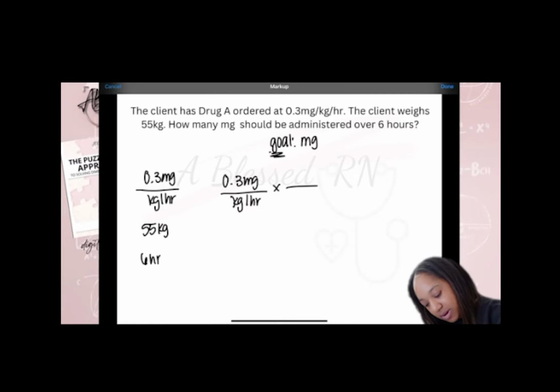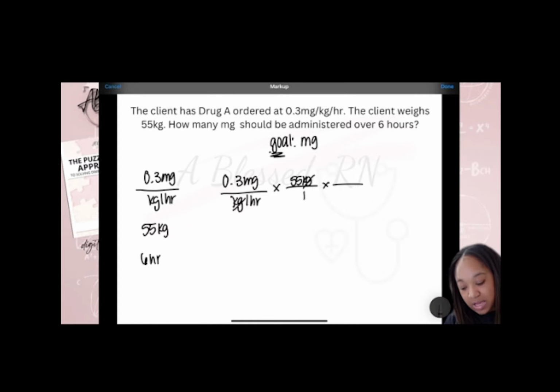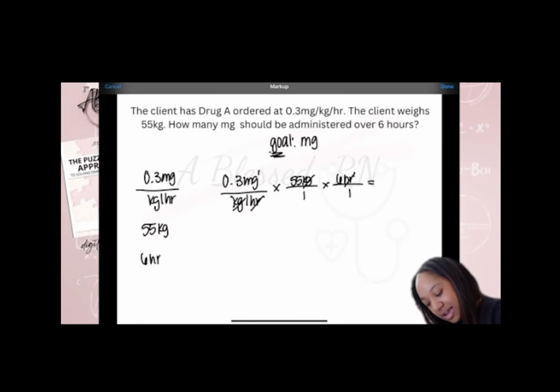So I'm going to put my kgs at the top so that they will be canceled out. Boom, it's gone. Now I've got hour at the bottom that needs to be canceled out. So I'm going to put it at the top. Boom, now it's gone. Everything is now gone except for what you're looking for.